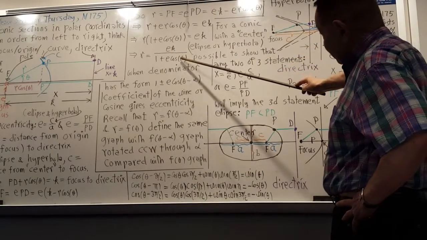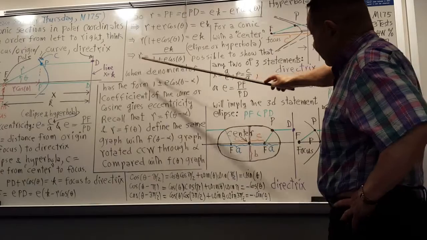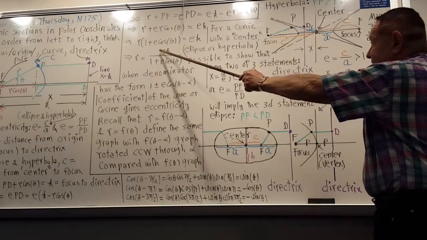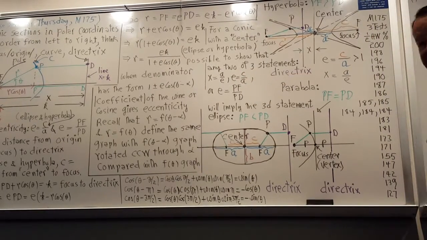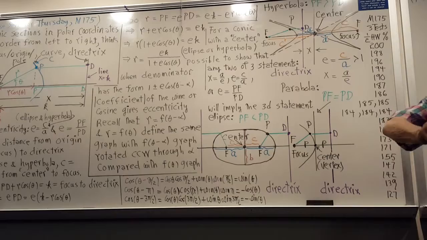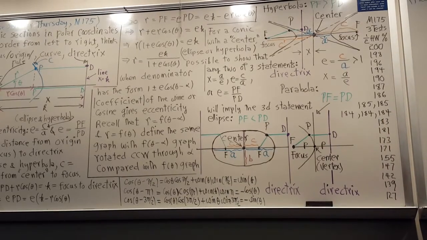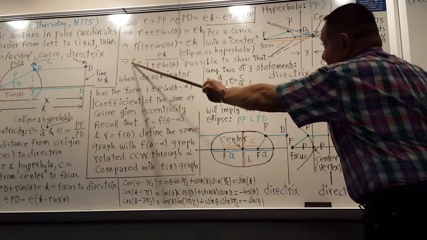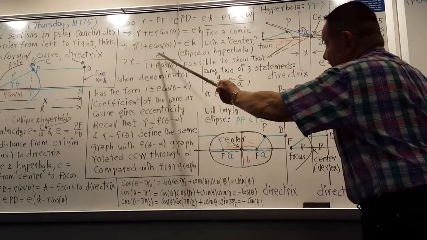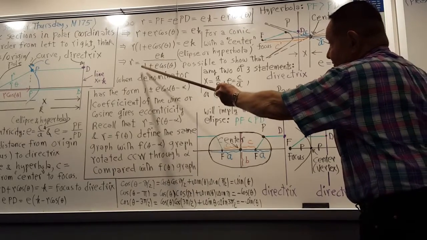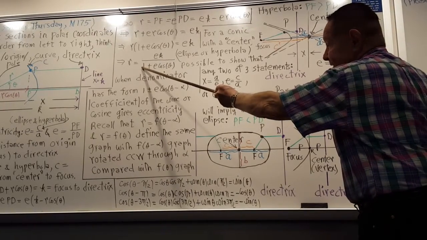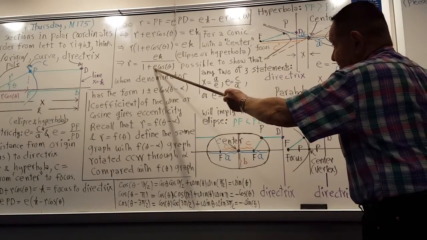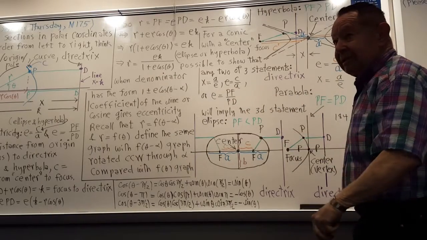Your variables are the angle and r, and your parameter, a number that can change from curve to curve but is a fixed number for that curve, is what you call the eccentricity. So if you're given a polar coordinate conic, and you have coefficient 1 down here, then the absolute value of this coefficient is the eccentricity.